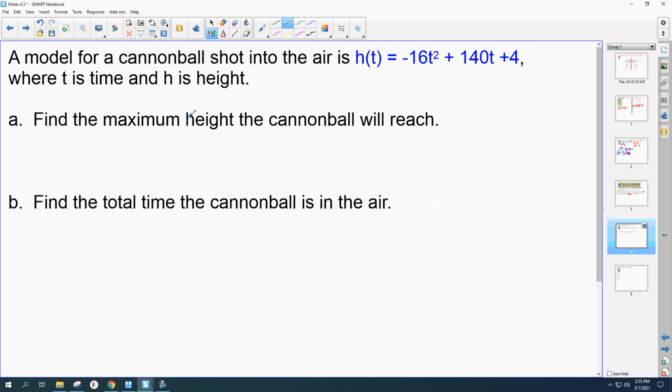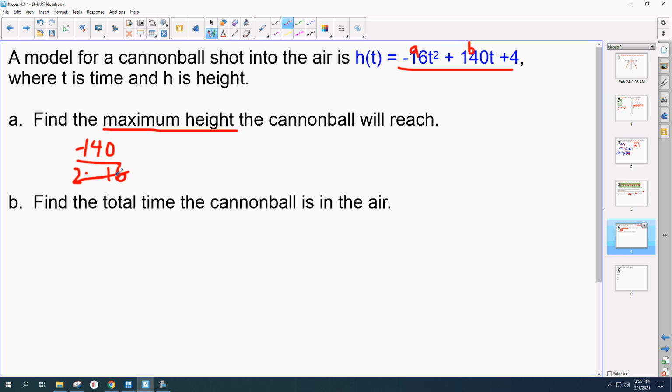A model for a cannonball shot into the air, and there's the equation where t is time and h is height. Find the maximum height. Okay, well, the maximum height, they're talking about the vertex again. So this is B, and this is A. We're doing negative B over 2A.